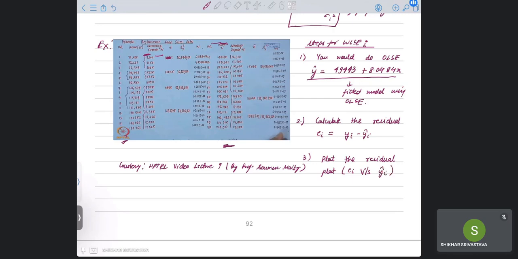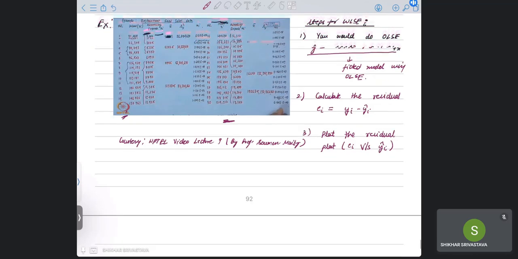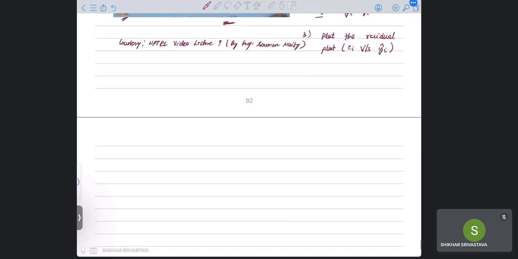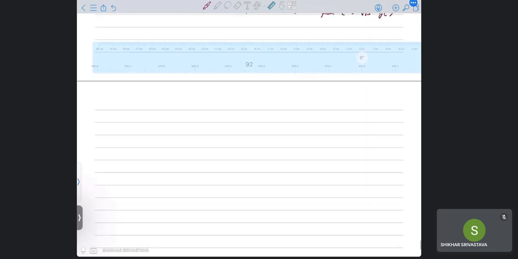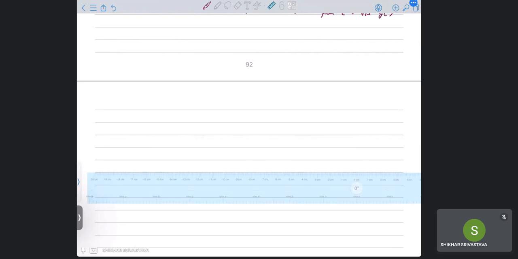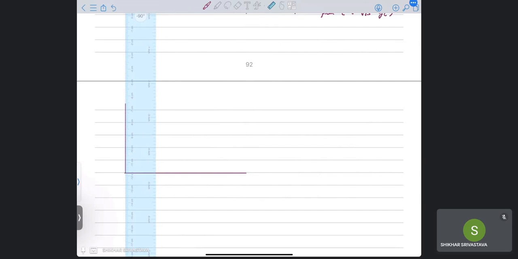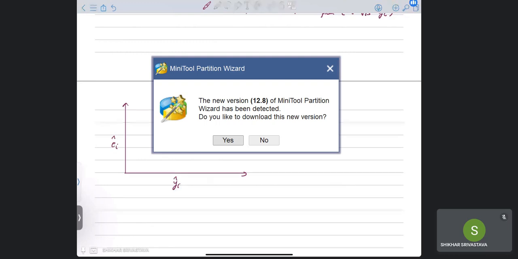Okay, so this model has been fitted, and for this model, if you calculate these eis and then plot the residual plot, it will look something like this.